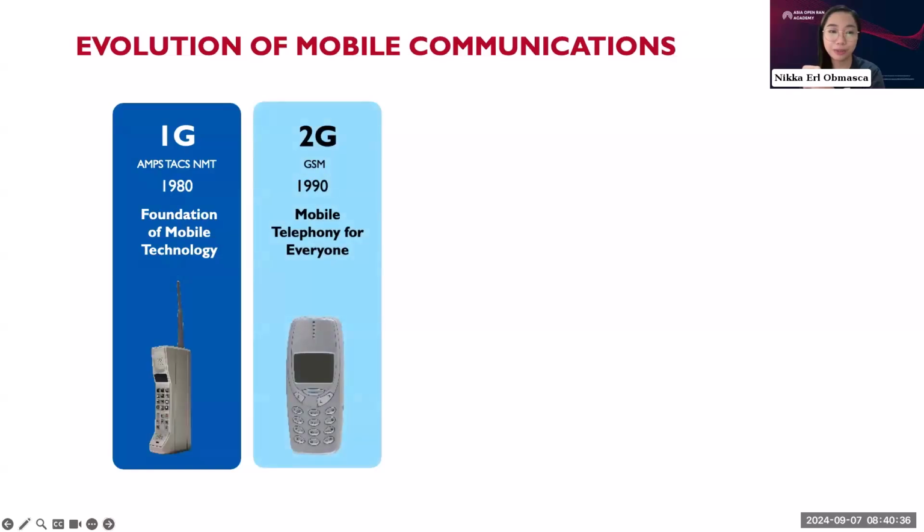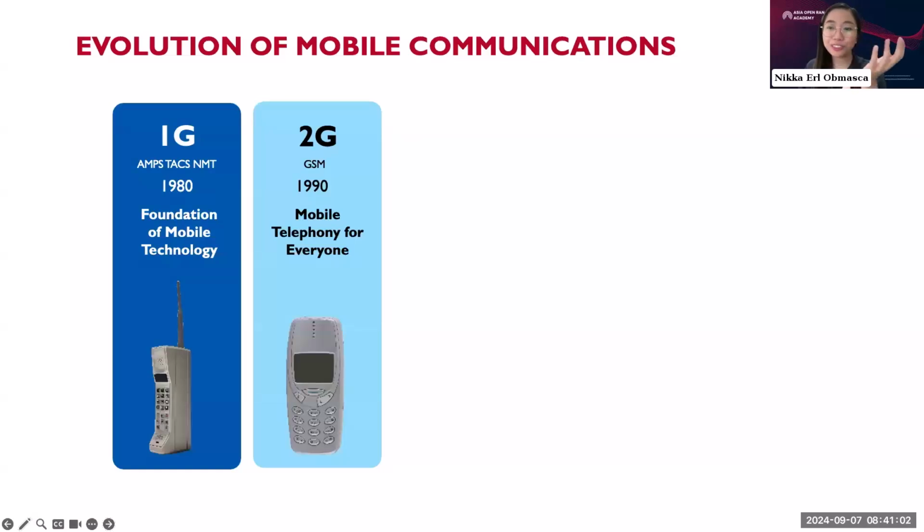Next we have is what we call the 2G. So a lot of my batchmates siguro, or yung mga older generation or mga millennials, Gen Z na abutan to. So these are year 1990, so it's already using GSM, or the Global System for Mobile Communication.